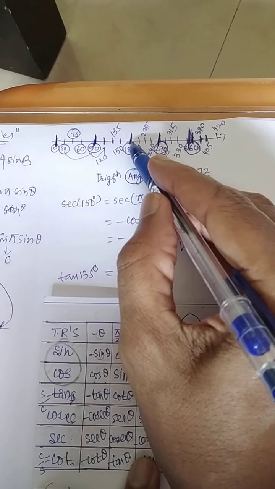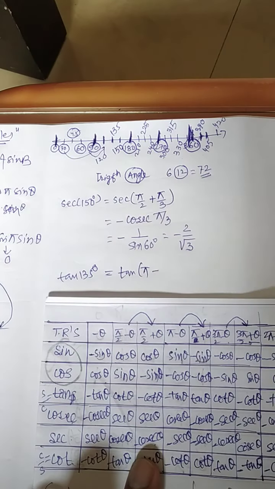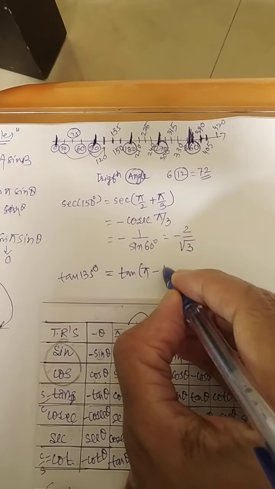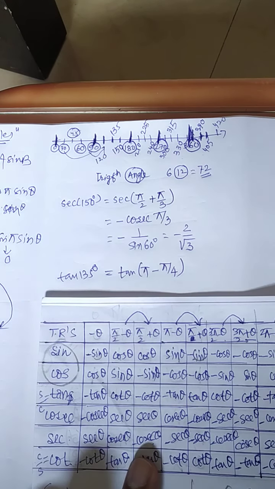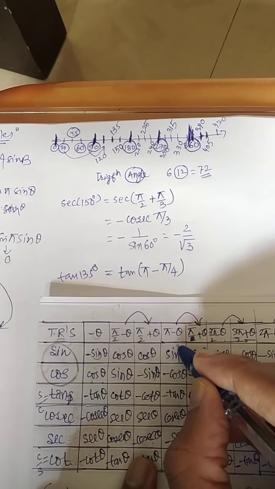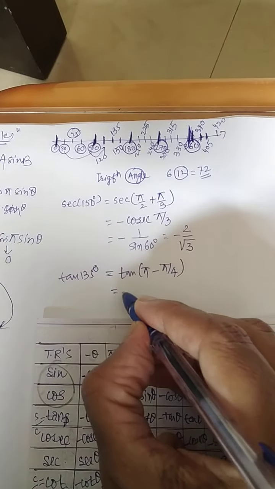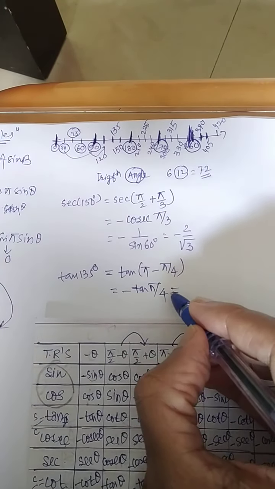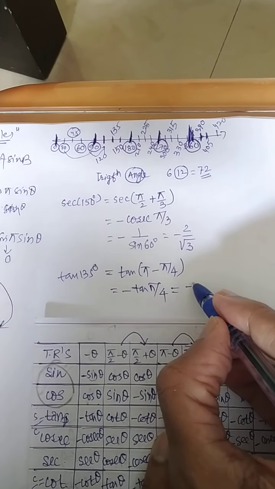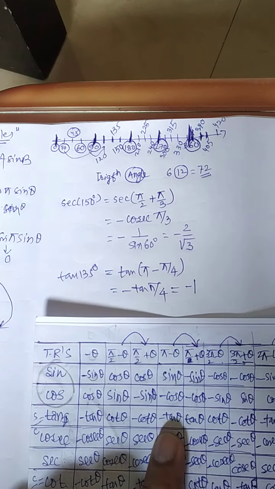I have to go from 135 to 180, that difference you let me know. 45 means it will be pi by 4. Now which formula is applicable? Tan of pi minus theta is minus tan theta. So it will be minus of tan of pi by 4, and tan pi by 4 is 1, so your answer will be minus 1.